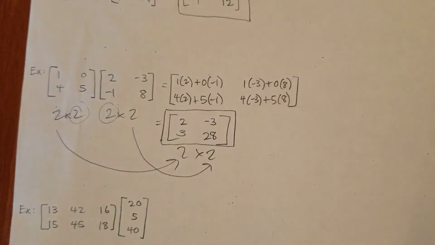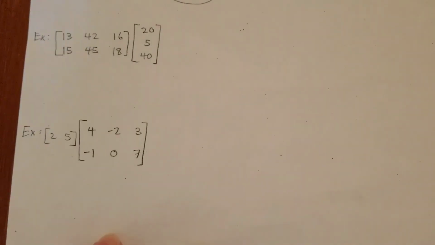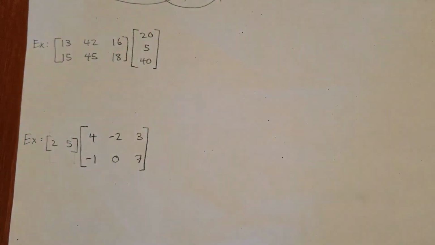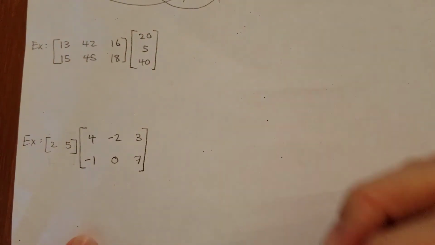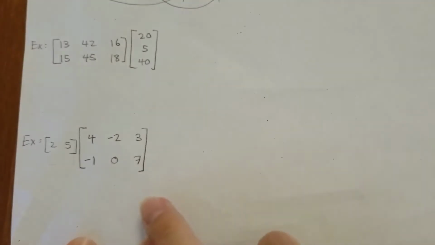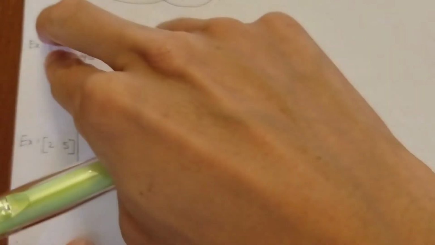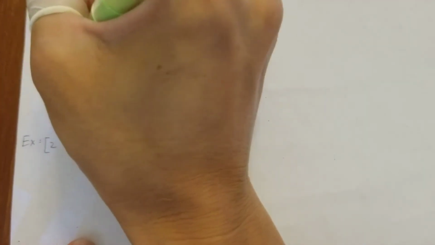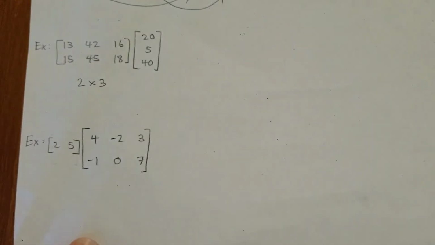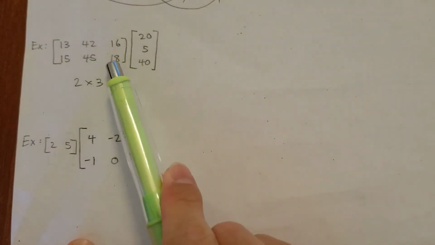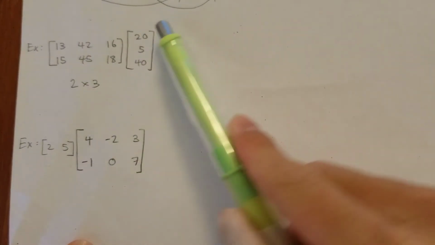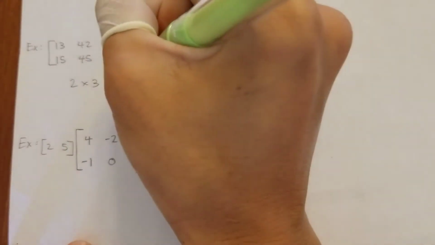Okay? Next one. So let's say we're given this. What we have here is we have to look at the dimensions of each matrix. So this is a 2 by 3 matrix because there's 2 rows and there's 3 columns. This matrix has 3 rows and 1 column.